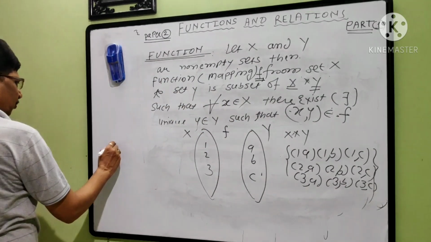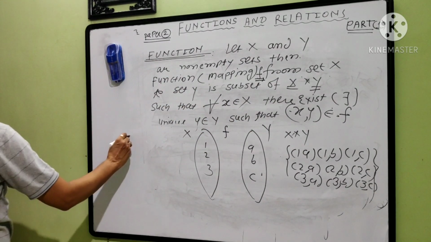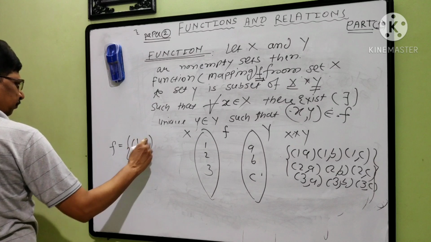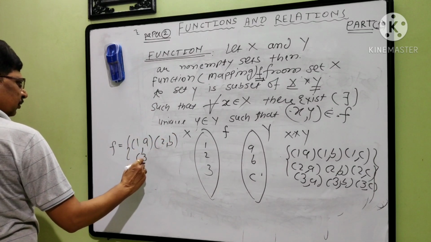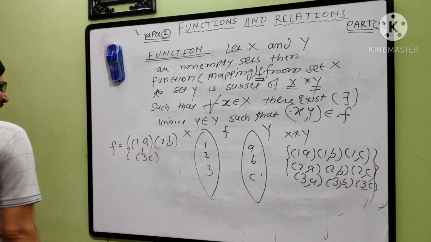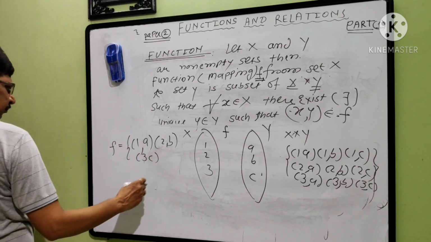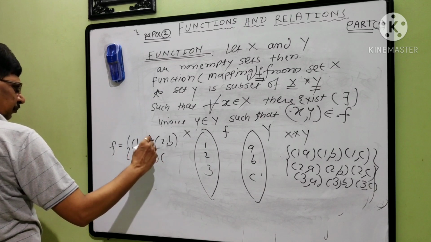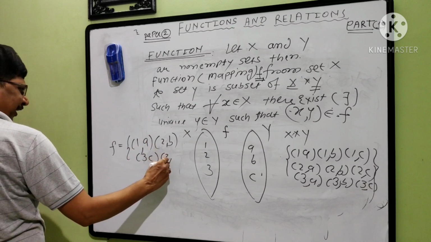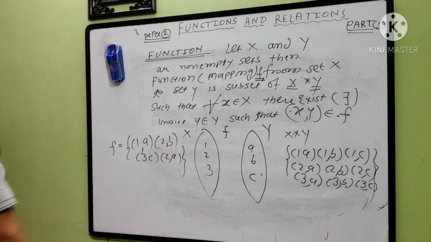Now I am going to write one subset, that is (1, a), (2, b), (3, c), and again (2, a). Okay. Now this is a subset.